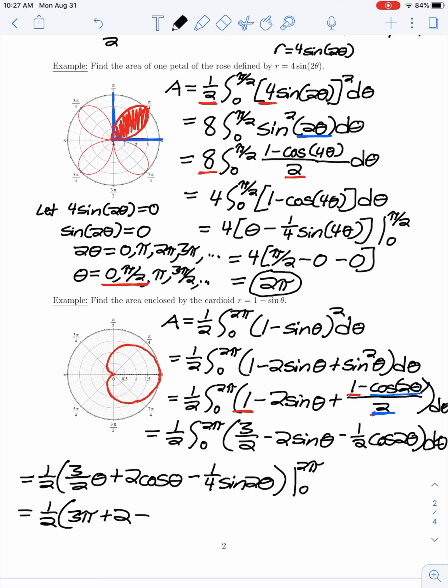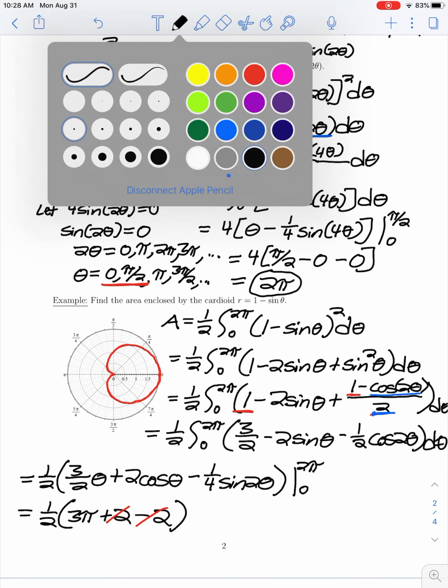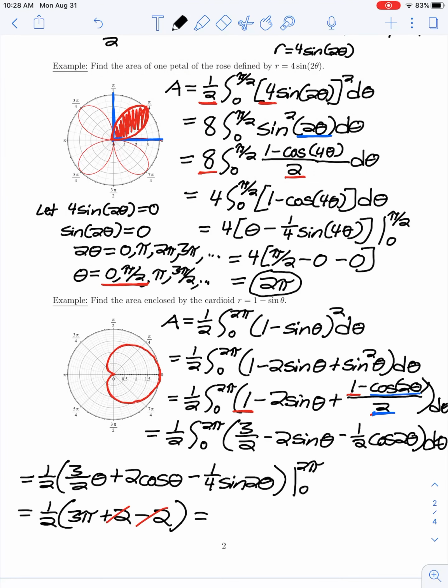So 3/2 times 0 is 0. Then we have a 2 times cosine of 0, which would be 2. Minus 1/4 times sine of 0, which would be 0. So we're left with the following. Now here we can see, of course, our positive 2 and negative 2 will cancel. And we're left with 1/2 times 3 pi, or 3 pi over 2.